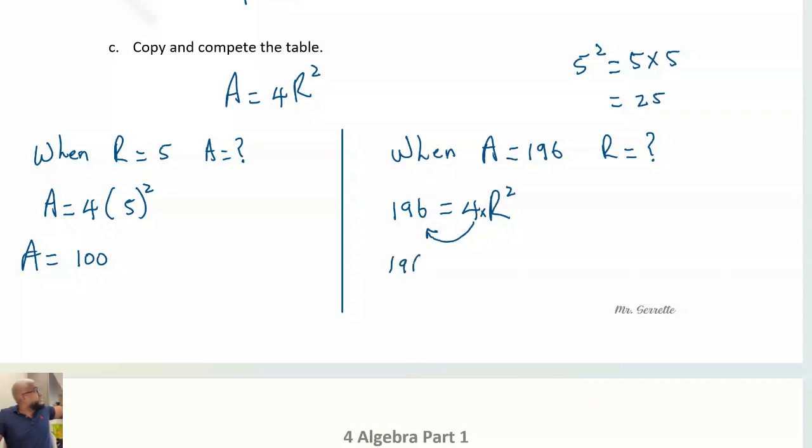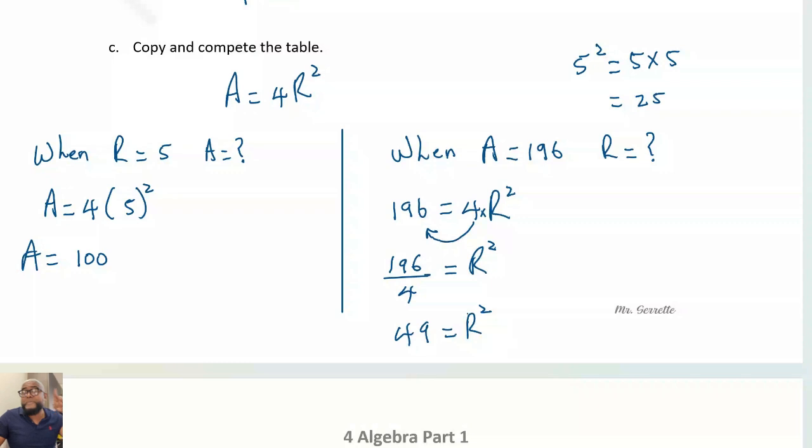We don't put division signs over here, right? We do over. That means divide. So that is 196 divided by 4. This will be equal to R squared, which remains on the side. It didn't go anywhere, right? So 196 divided by 4 is 49, right? But we need to find R. We don't need to find R squared.